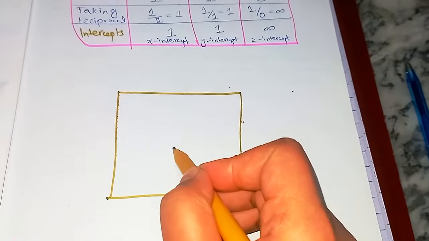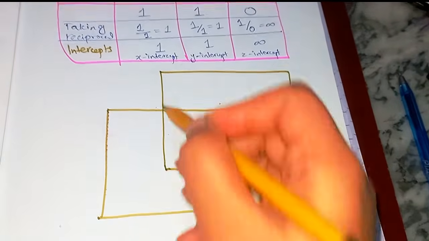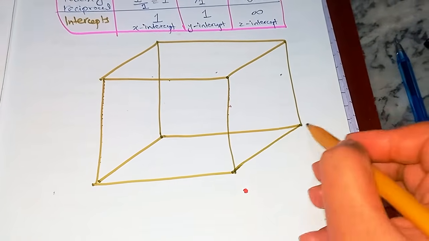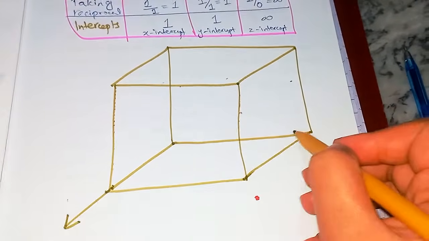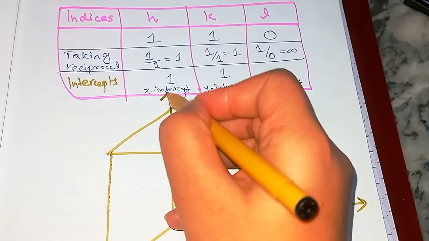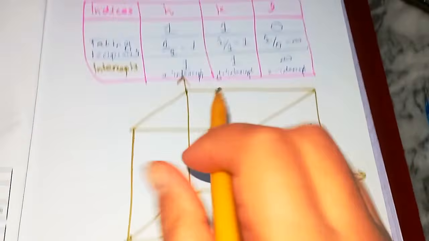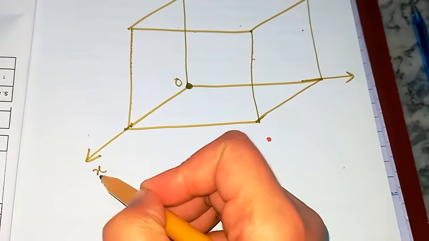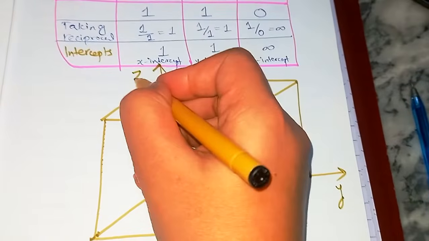Let's draw the plane. This is the x-axis, this is the y-axis, and this is the z-axis. Since all of the indices were positive, we are taking this point as origin.